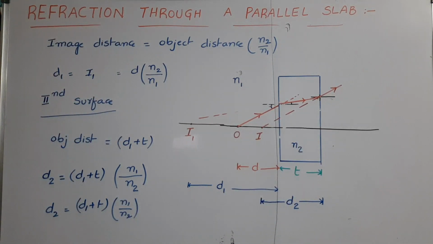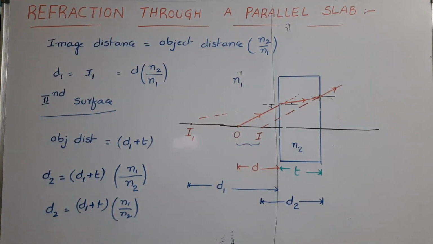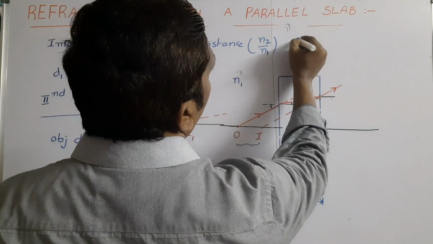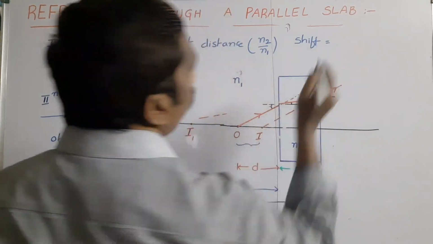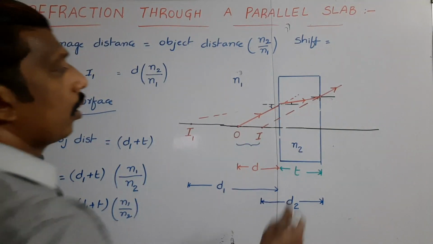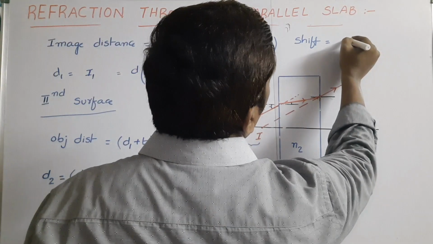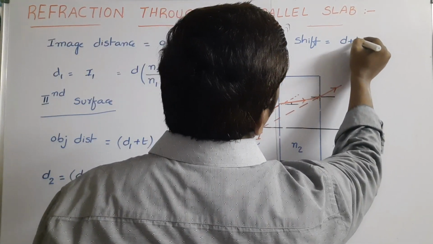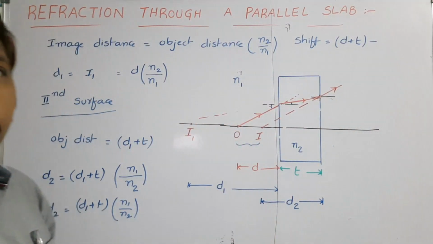Now we want to calculate the shift in the slab. How much is it shifted? This shift, from object to image, is called the shift. So here shift is equal to the object distance from the second surface minus the image distance from the second surface.